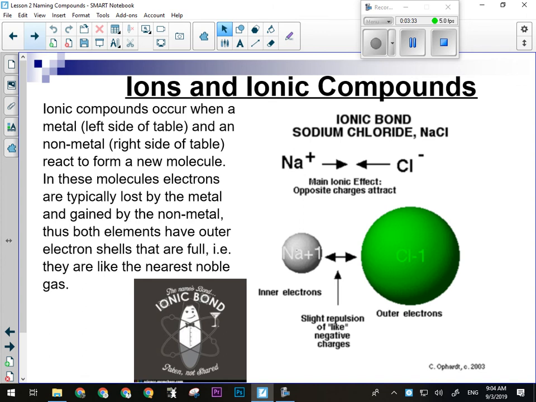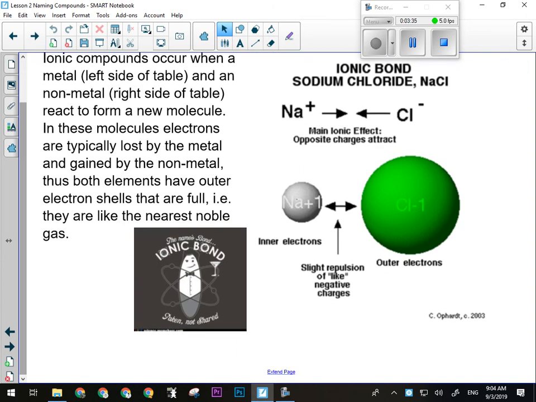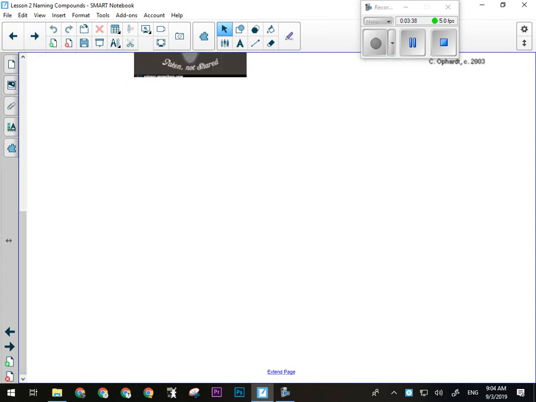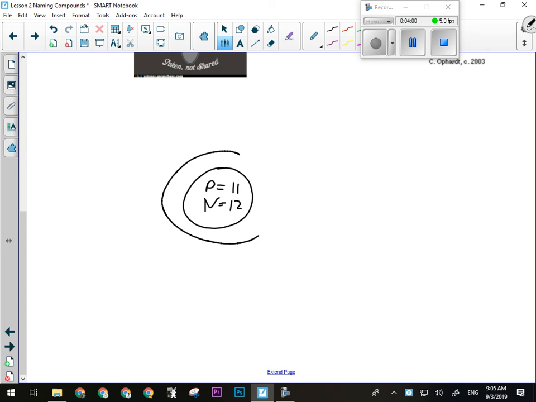Now, what that does for each one is something Bohr discovered. Okay? We talked about Bohr's model, and he said in Bohr's model you have the nucleus, and for something like sodium here, it's got 11 protons, so we'll just write P equals 11, right? And it's got 12 neutrons, and then it's got its electrons. Now, according to Bohr, and he's right, okay, the first orbital, he's just wrong about the shape, can hold 2 electrons.